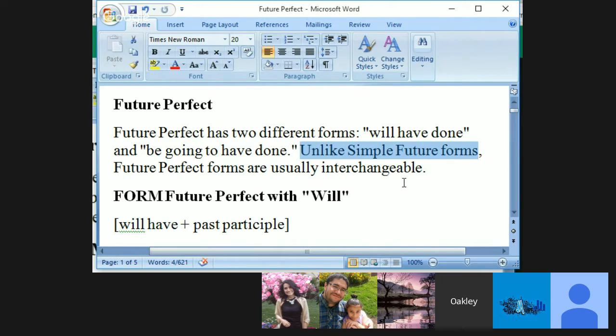I won't do it. I will pick you up at the airport. These kinds of things. So there's a little difference in simple future forms, which form you're going to use. Not an issue looking at today's verb tense, which is future perfect.